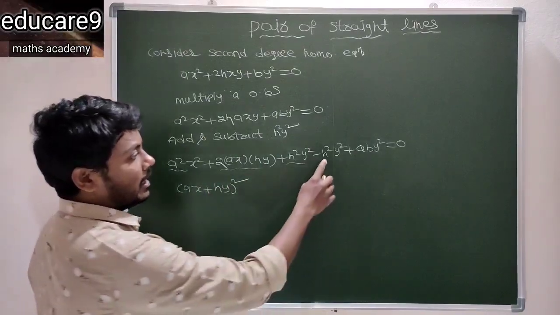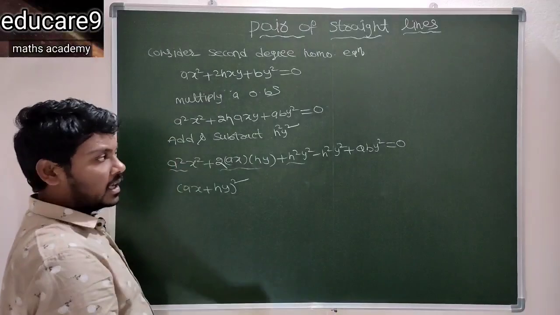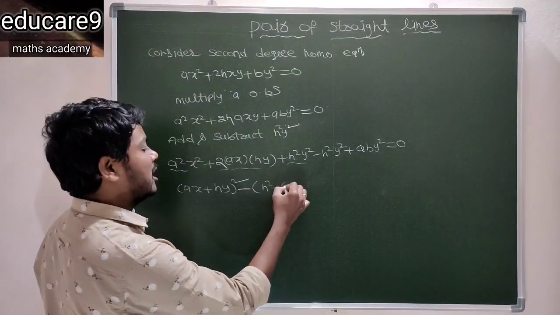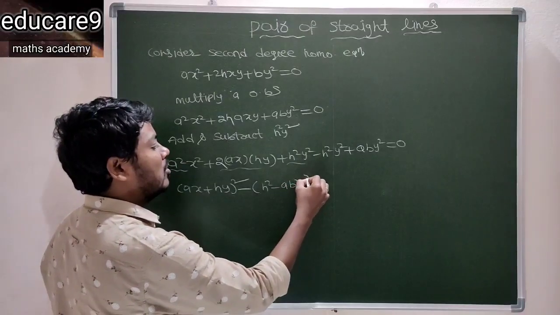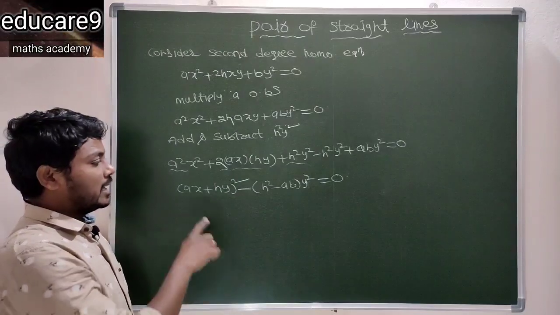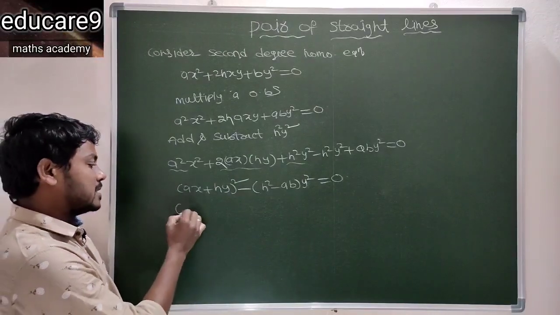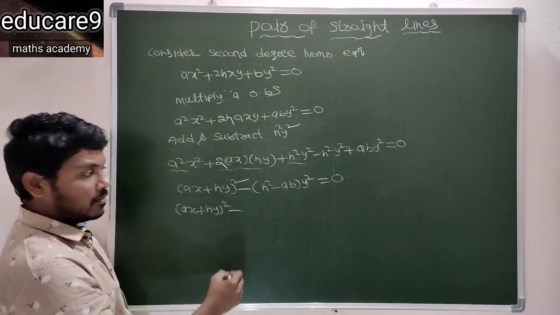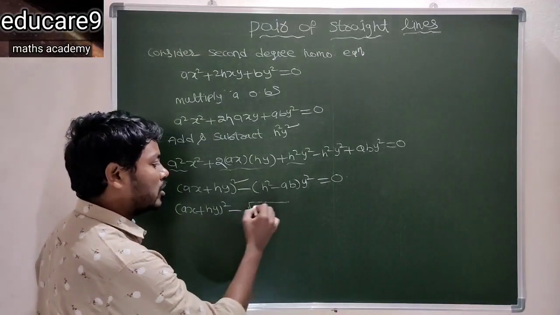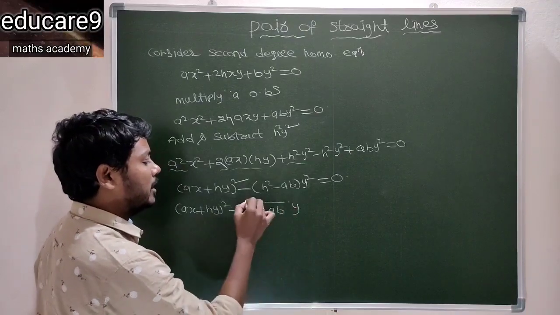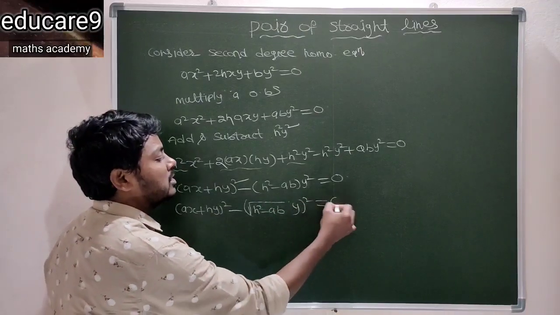And in both remaining terms minus y square is common. So minus of h square minus ab into y square is equal to 0. So clearly this can also be written as ax plus hy whole square minus square root of h square minus ab into y whole square is equal to 0.